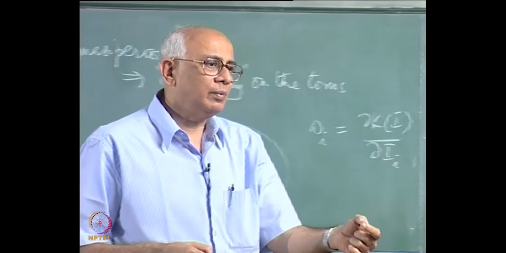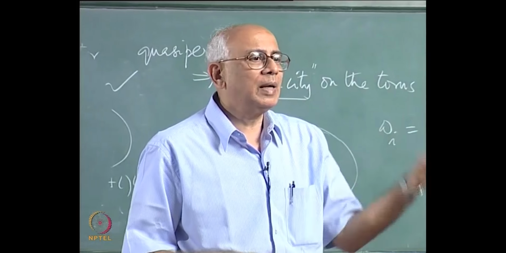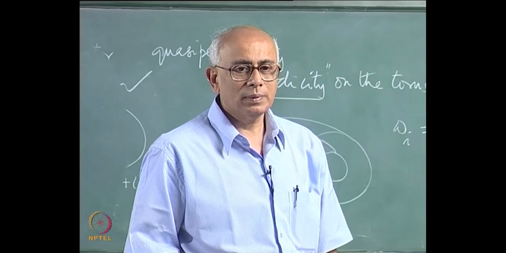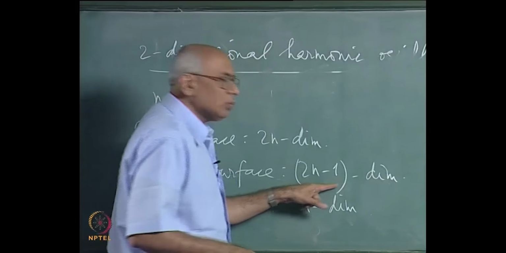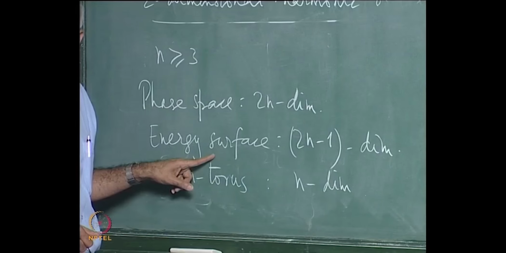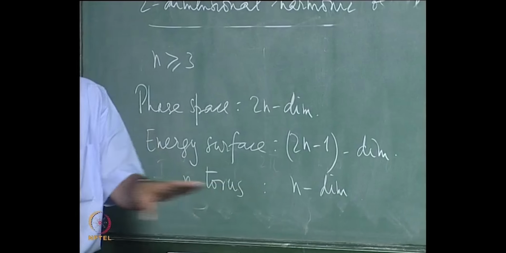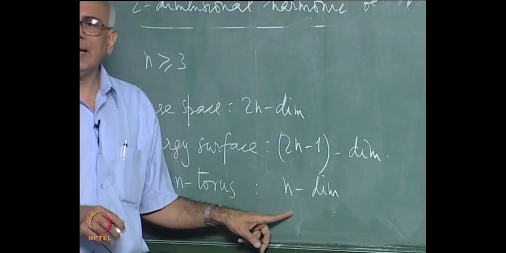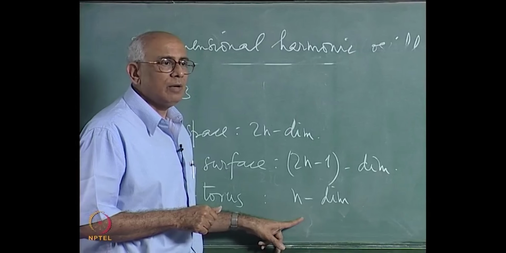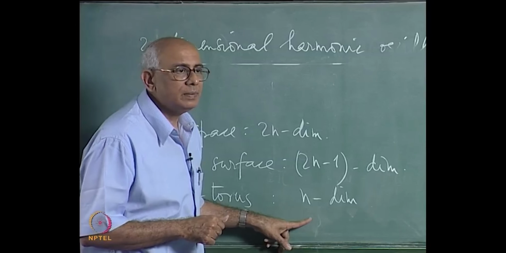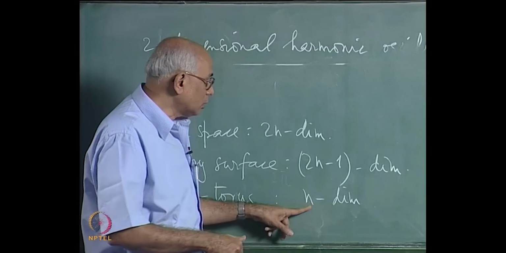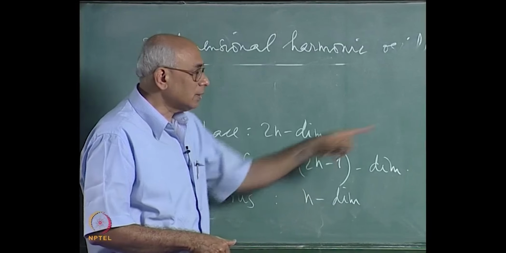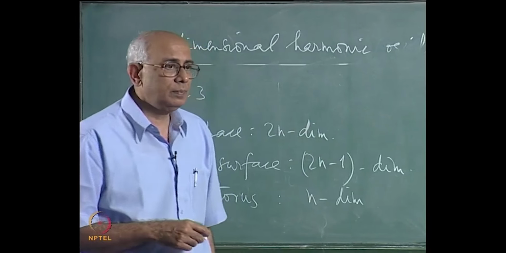But if I took a straight line, which is a 1 dimensional object, it does not split 3 dimensional space into 2 parts at all. In exactly the same way, a 2n minus 1 dimensional energy surface cannot be split up into disjoint parts by n dimensional objects if n is greater than or equal to 3. When n is 2, this happens, because this is 2 and that is 3, and that is exactly the situation we looked at there.